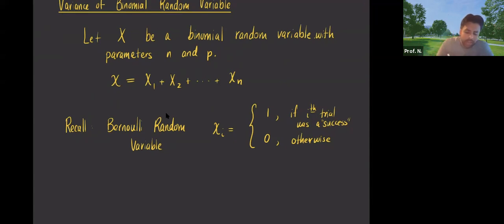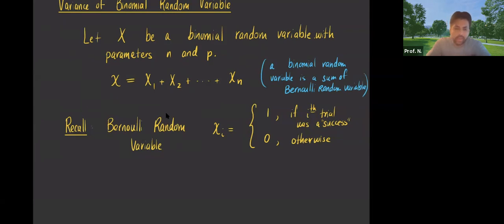We kind of hinted at that last time when we first discussed this, but now we're going to use it a bit more explicitly. So a binomial random variable is a sum of Bernoulli random variables. Now, this is a very powerful idea when you're able to break down a random variable that may sound complex into simpler, smaller random variables.